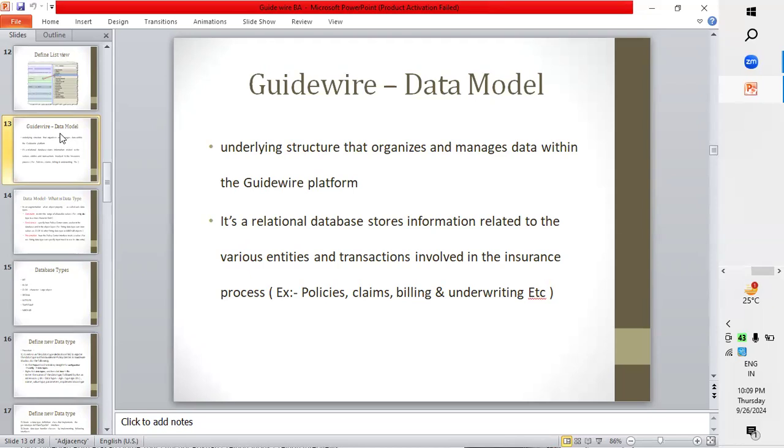Next, second, claims: managing the claim information, followed by the claim system, is something we use when we are working on data models.